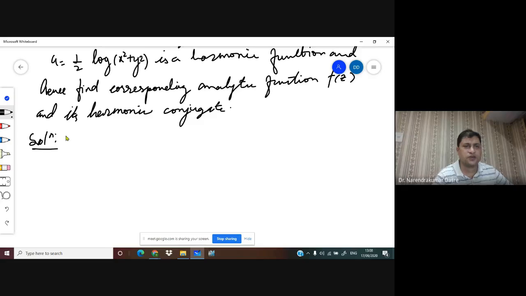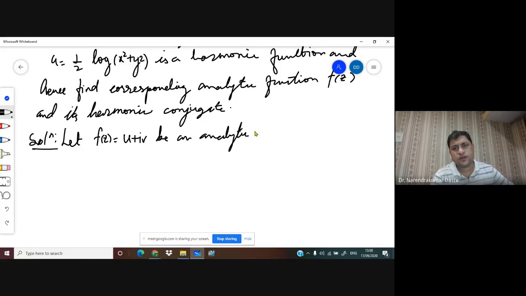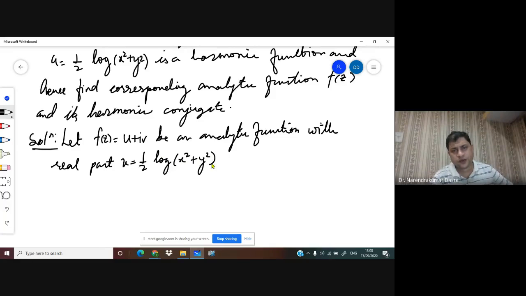What we have is f of z is equal to u plus iv, an analytic function. Now u is given, so we can have this real part u is equal to half of log of x square plus y square.